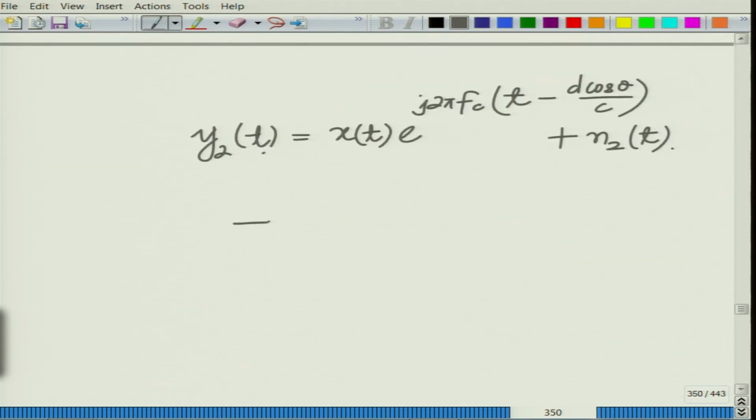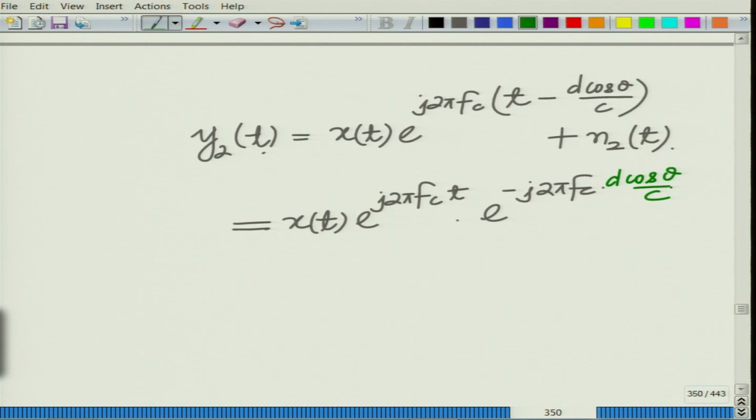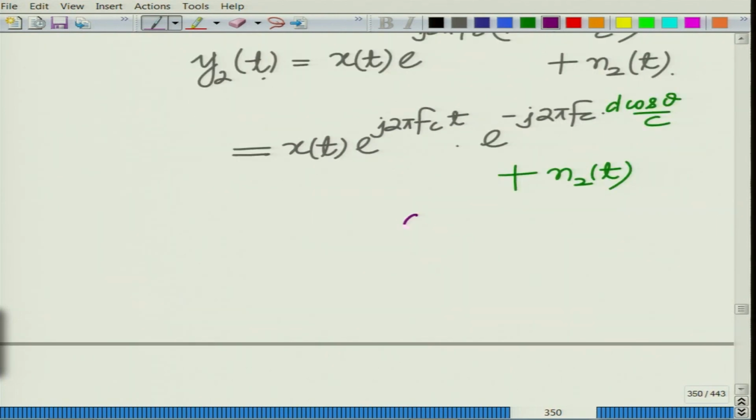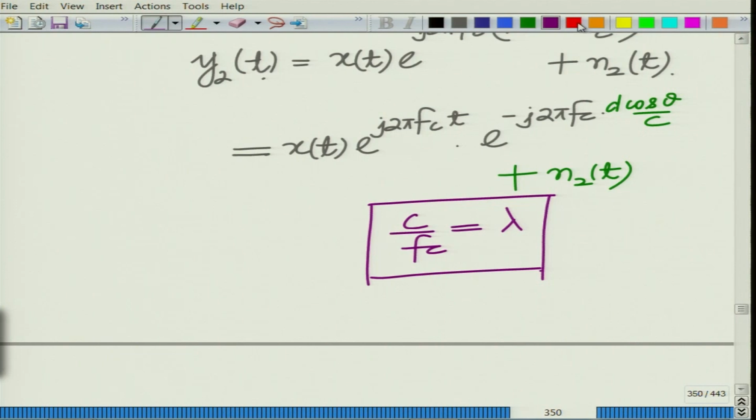Now, I can write this as x(t) e raised to j 2 pi f_c t times e raised to minus j 2 pi f_c d cosine theta over c, plus n_2(t). Now, use the property c by f_c is equal to lambda, the wavelength of the carrier.